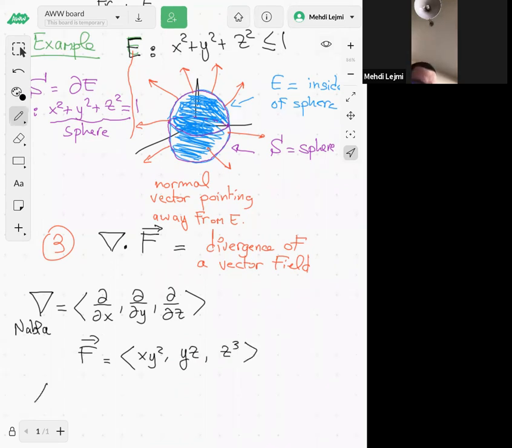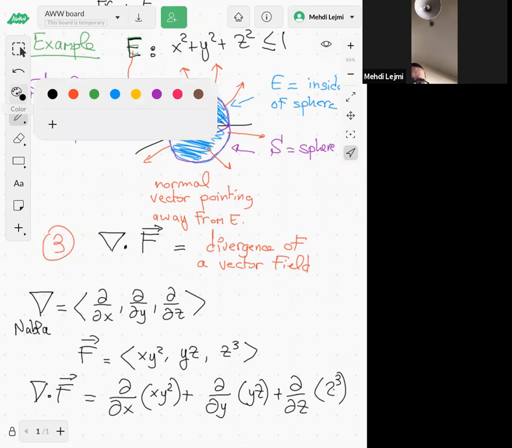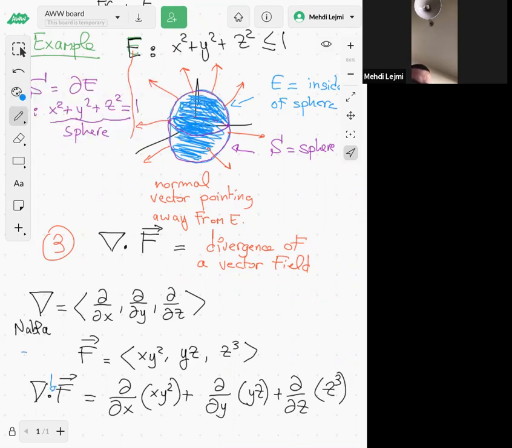When you do the divergence, this is partial x of x y squared plus partial y of y z plus partial z of z cubed, because this dot is a scalar product.